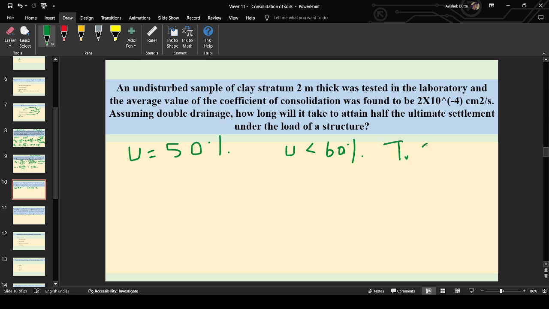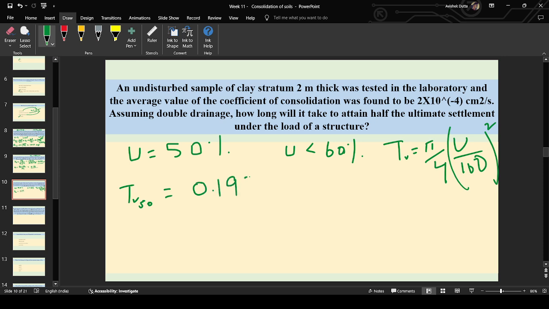Time factor Tv equals pi by 4 into (U by 100) whole square. So find the time factor for 50% consolidation: pi by 4 into (50 by 100) whole square, approximately 0.197. Yes, sir, 0.197.